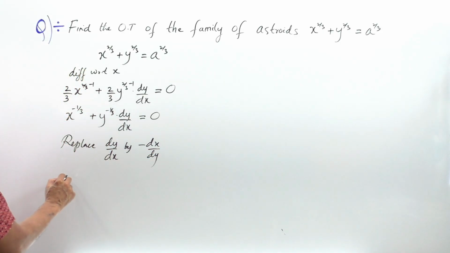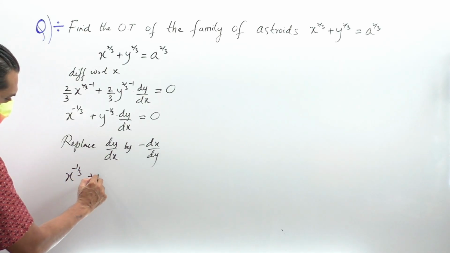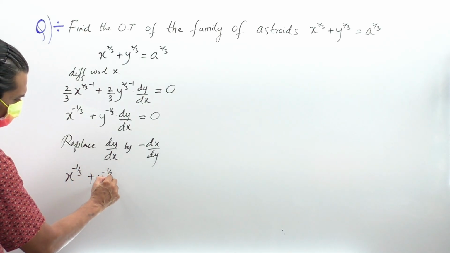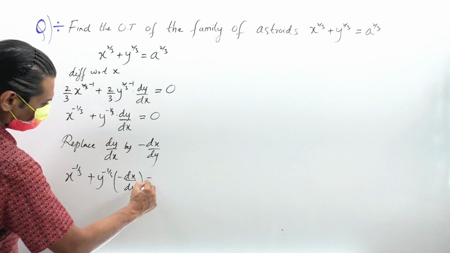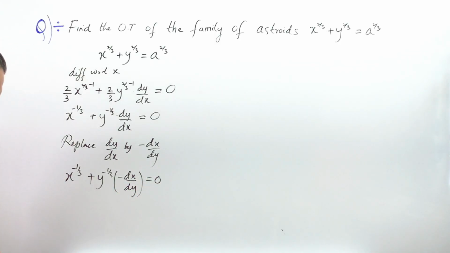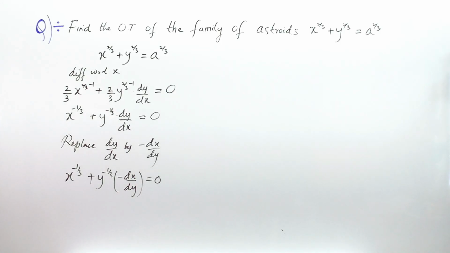That means we have x raised to minus 1 by 3 plus y raised to minus 1 by 3 into minus dx by dy equals 0. Now let's rearrange this.